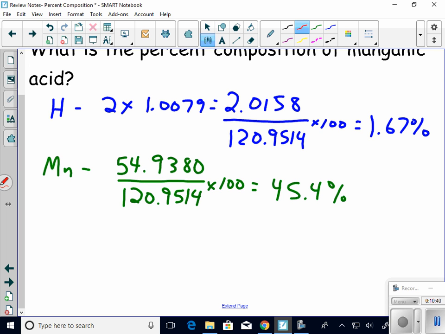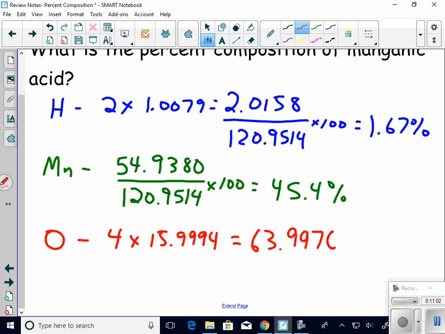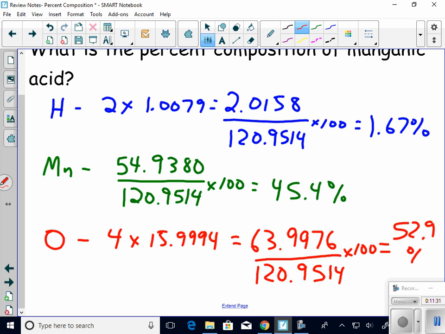And then I'm going to finalize with oxygen. 4 times 15.9994 is 63.9976. It's going to give me 52.9%.